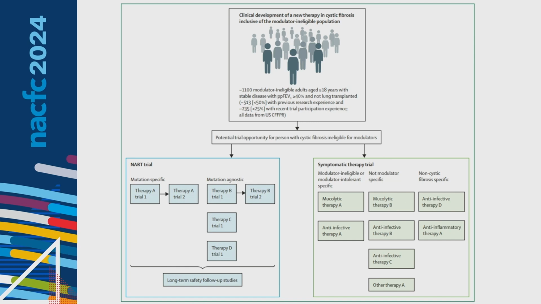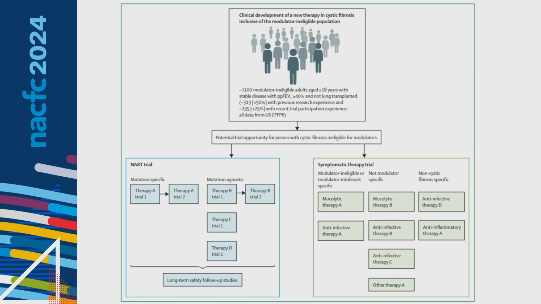There were just over 1,000 people, for example, aged over 18, who were modulator ineligible, with stable disease with FEV1 over 40%, and less than 50% had previous research experience, and less than 25% had recent trial participation experience. So you can see the challenges where you have a smaller and increasingly smaller population.